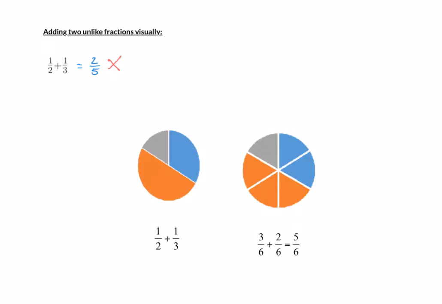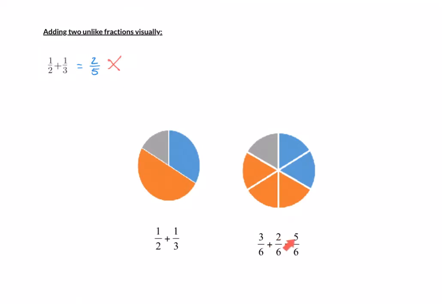So notice that what we did is 1/2, I want to write with a denominator of 6. That's equal to 3/6. And 1/3, if we write that with a denominator of 6, that's equal to 2/6. Once our denominators are the same, now we can use our procedure for adding like fractions.